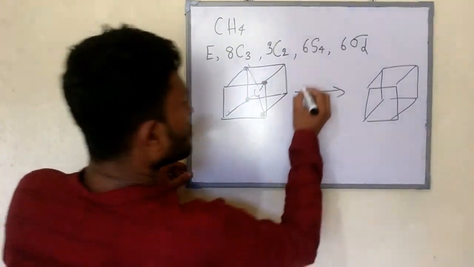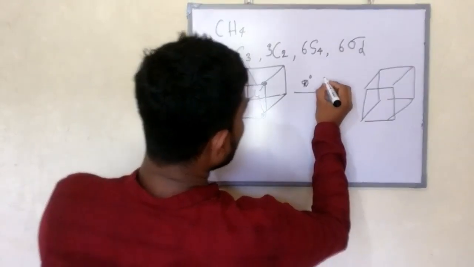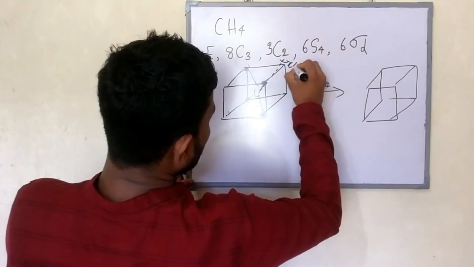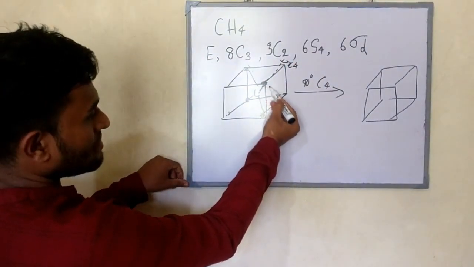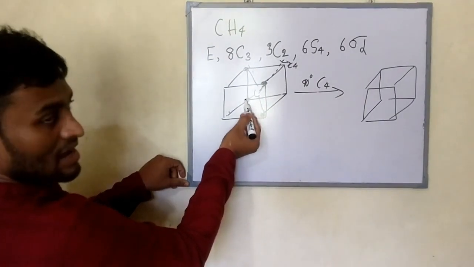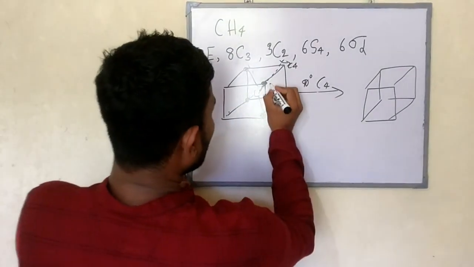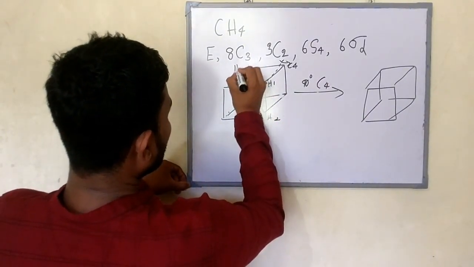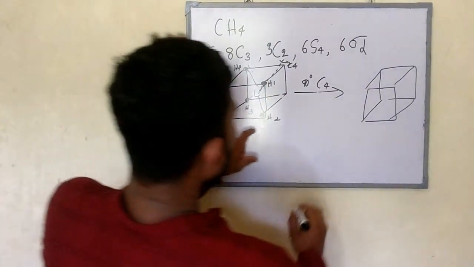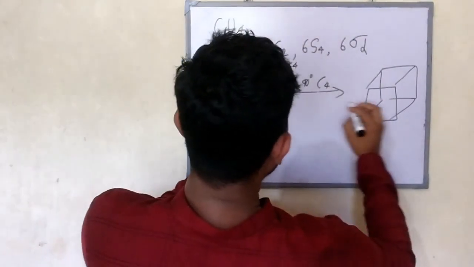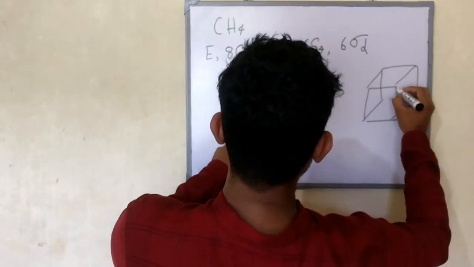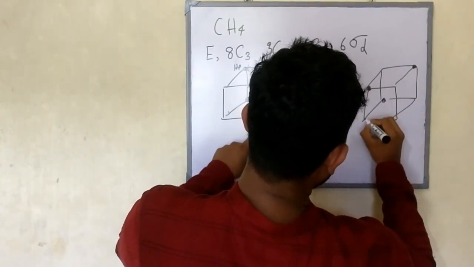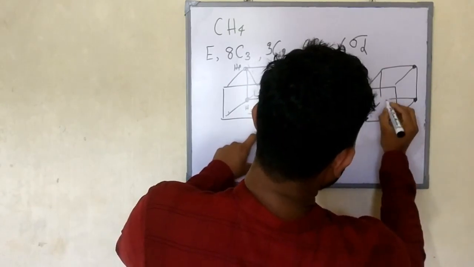If you rotate the molecule by 90 degrees, that means C4 through this axis, this H atom comes here, this H atom goes there, this H atom goes there. H1, H2, H3, H4. So surely your next configuration will be like this.